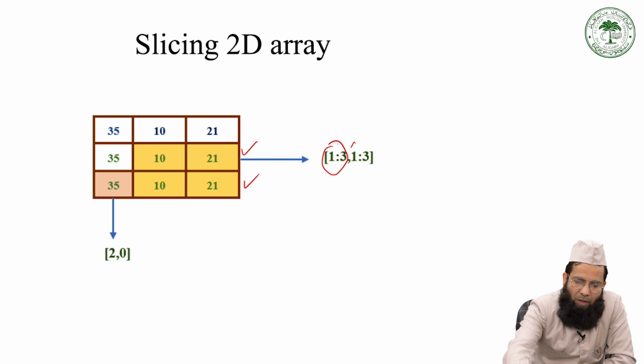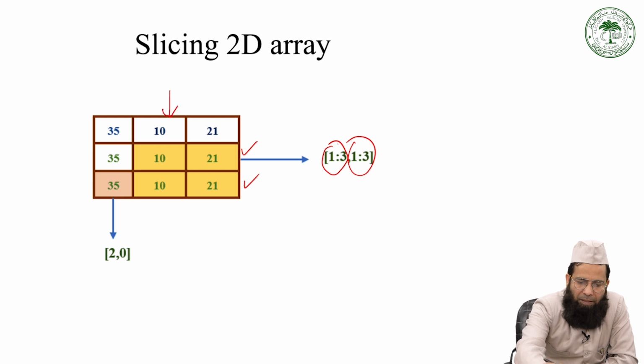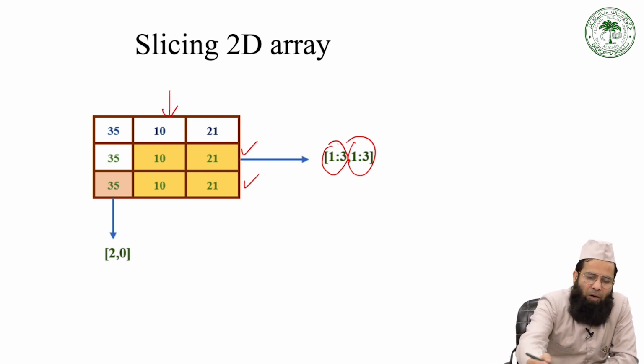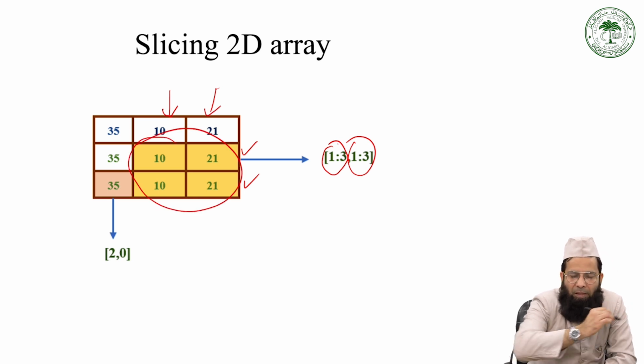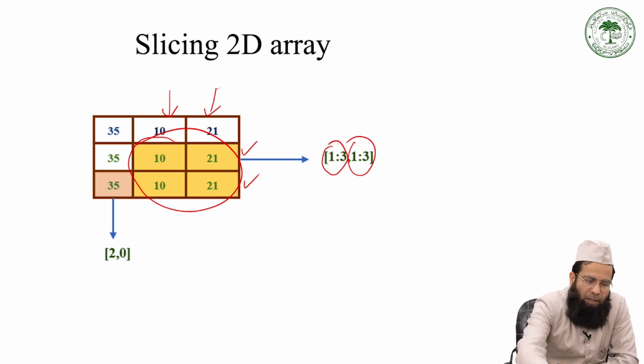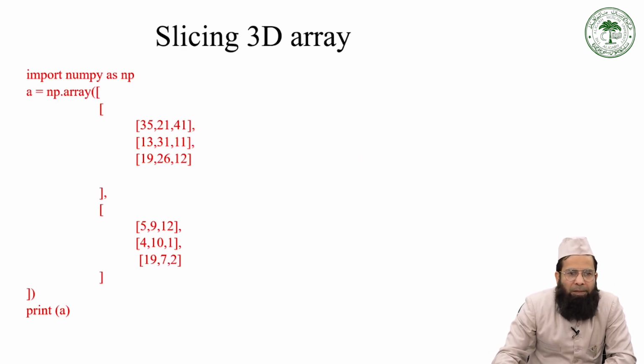As far as columns are concerned, you need to consider the column at index number 1 and then the column at index number 2. So you need to consider these 2. That's why, if you print this particular slice, these values would be printed here. Similarly, this is 0 and 2, second row and 0th column, right?